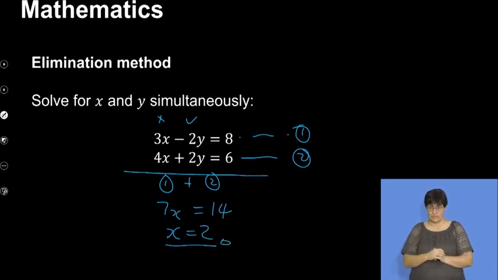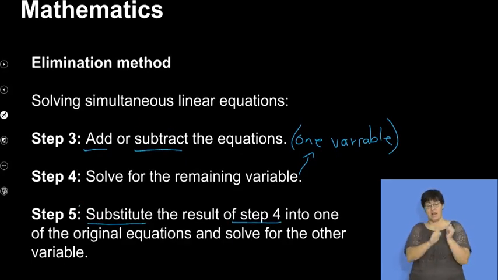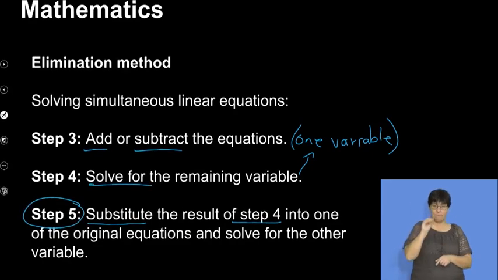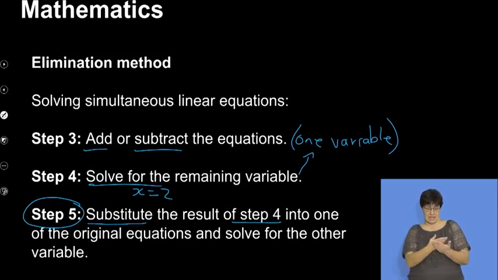Now remember my last step, right? Which is step 5. You substitute the answer, which is what I just got now. I got my x as equal to 2. You substitute that into one of the original equations. I'm going to do it with both of them so that you can see what I mean when I say into either one, to then solve the other variable.